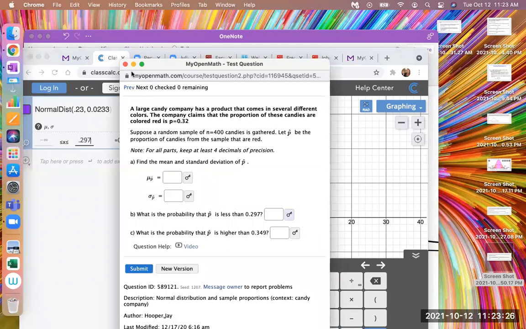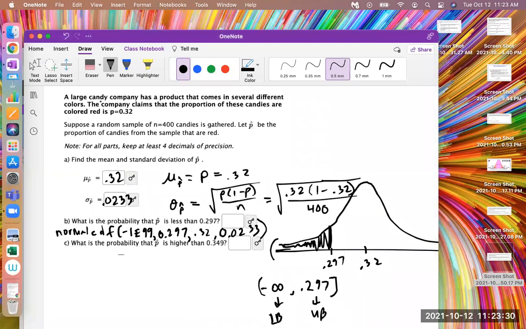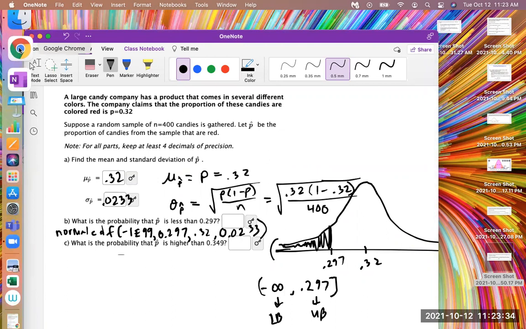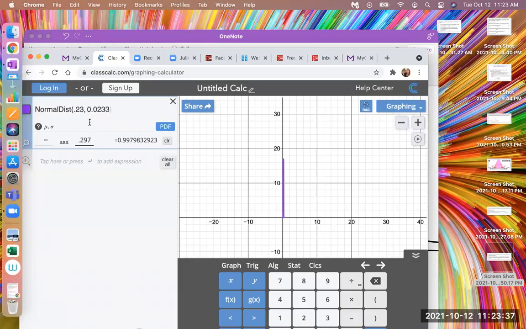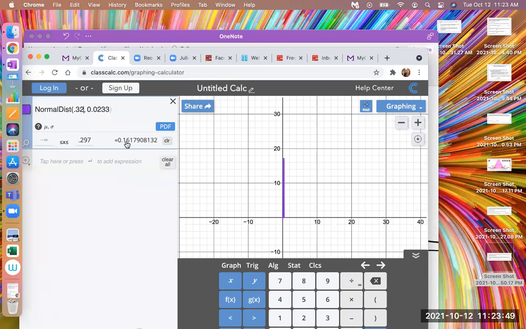Hold on a second. I think I did something wrong. Let's just check. Oh, it's 0.32. That's why my mean is wrong. When I entered it in here, I had 0.323 and not 0.32. I'm just like, what's the typo? Now it's 0.162, or 0.1618.